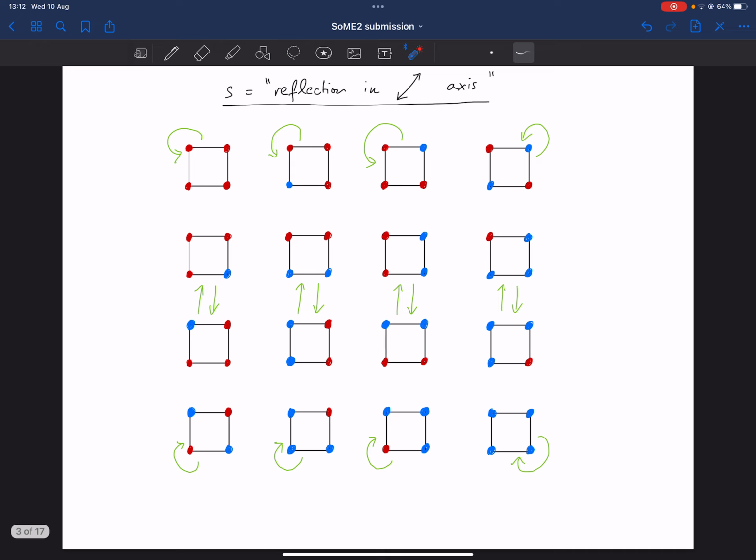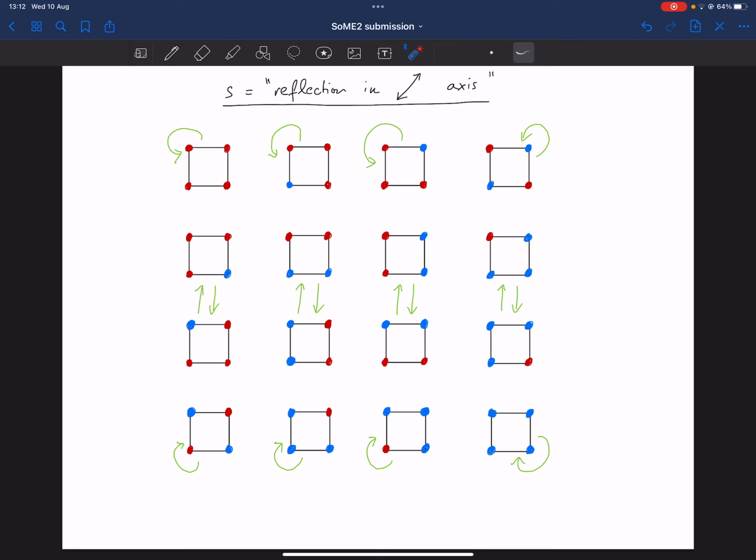Let's have a look at the action of S. When we reflect in this diagonal line here, the two corners on that line are going to stay where they are. The other two are going to be flipped.